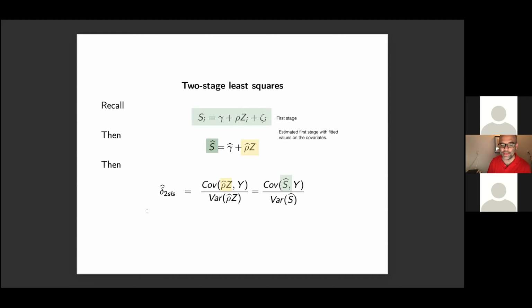So what this implies is the logic of two-stage least squares: estimating the two-stage least squares model has two stages. One, get S hat by estimating the first stage. S hat is the predicted schooling using the fitted values on all the instruments from the first stage regression.